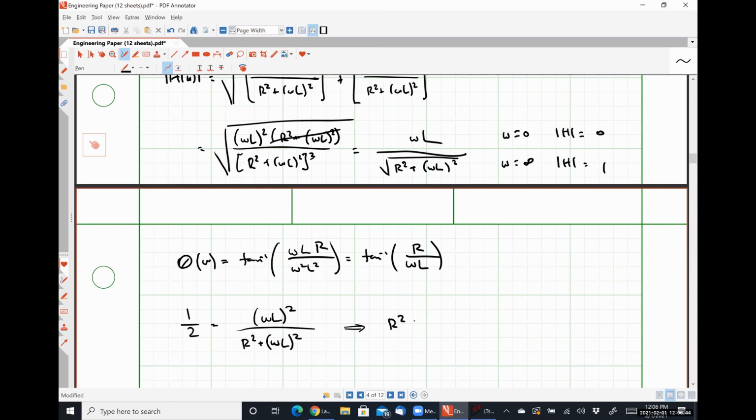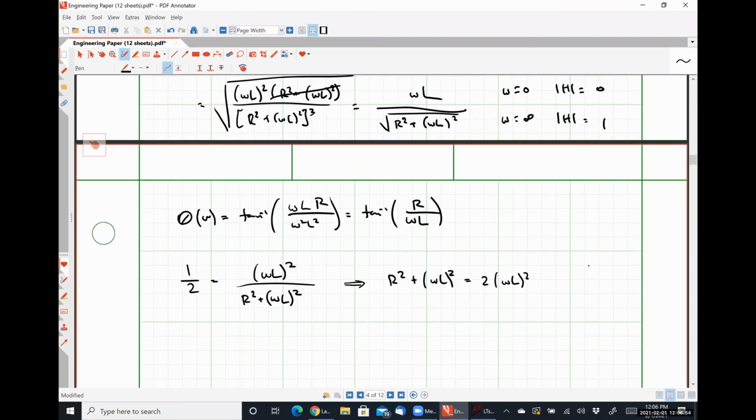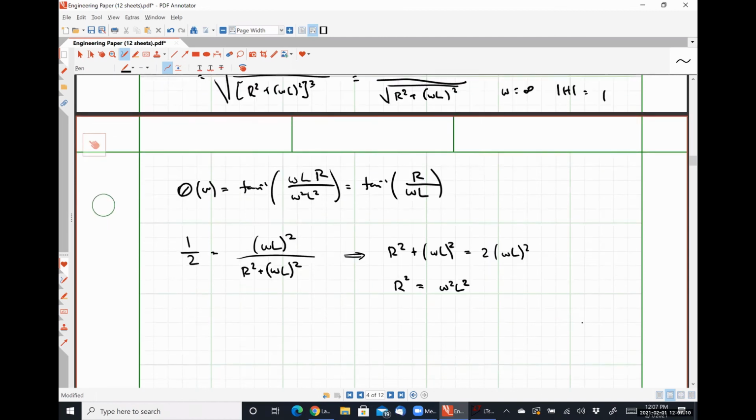Which means R squared plus omega L squared is equal to twice omega L squared. We subtract omega L squared from both sides. We get R squared is equal to omega squared L squared.